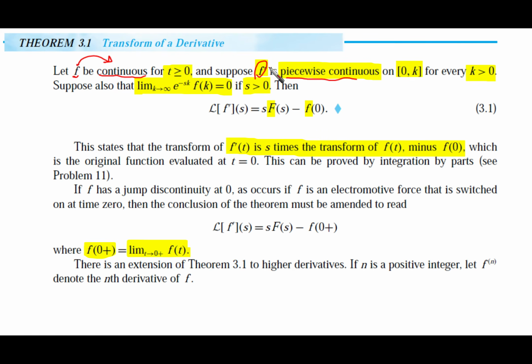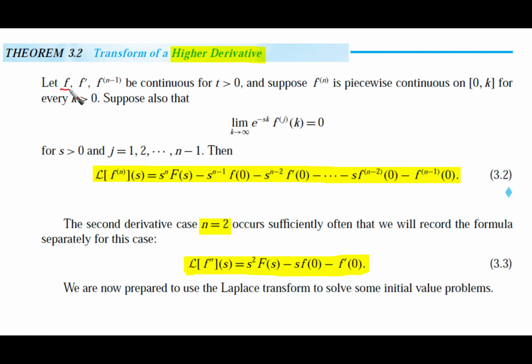The last case is where the first derivative is piecewise, and the function, which is the original function, is continuous. Similarly, all the derivatives, including the function, are continuous. However, our last derivative, the n-th derivative f^(n), is piecewise continuous on the interval 0 to k, for every k larger than 0.